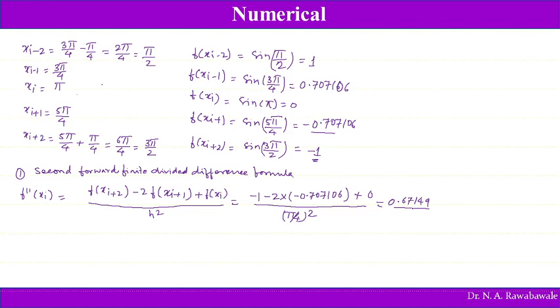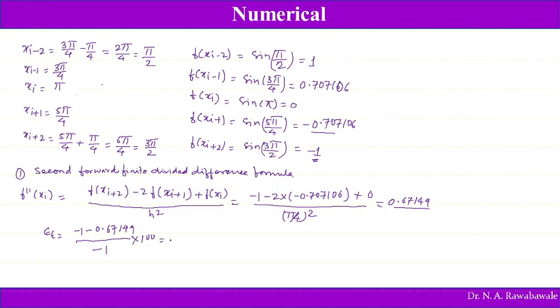Okay, 0.67149 is this derivative. Then true error, if we want to find out true error, true value is again second derivative is also minus 1, so minus of minus 0.67149 divided by minus 1 into 100.